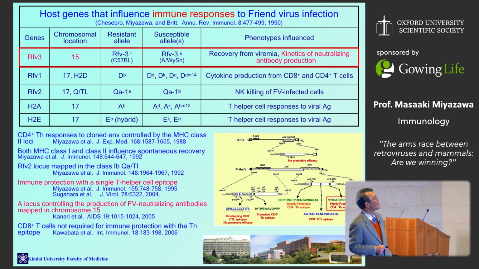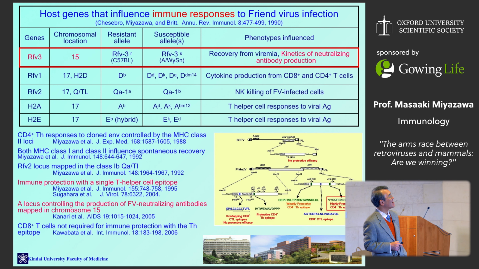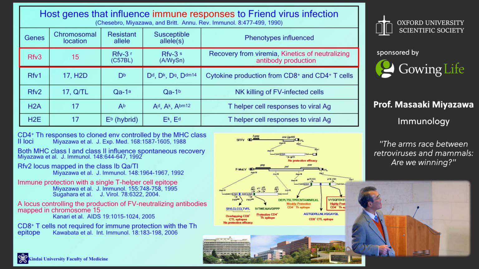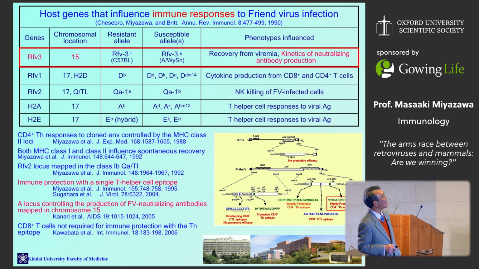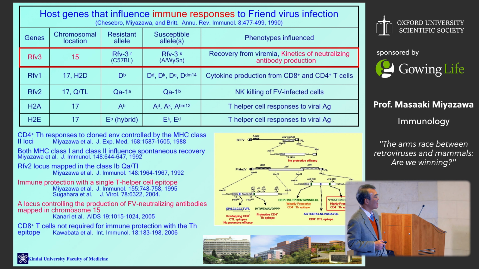However, there's a gene named RFV3 that is not located in the MHC area, meaning that it is not controlling T cell responses, but interestingly, it controls the responses, antibody responses to friend virus infection. And that gene is mapped in chromosome 15.